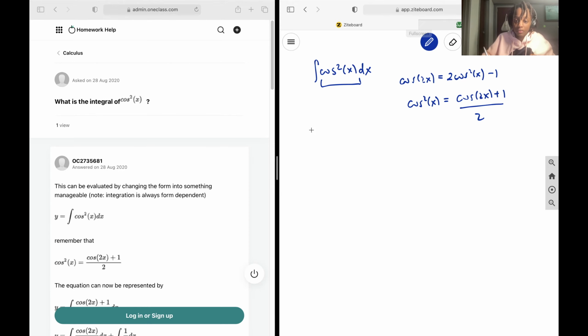So let's rewrite that over here. This is equal to the integral of (cos 2x plus 1) over 2 dx. Let's pull out the 1 over 2.